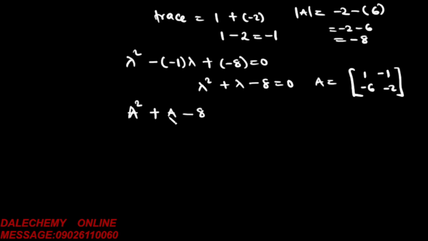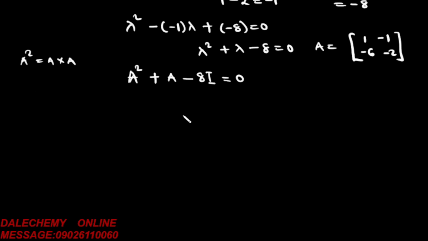Now since A is a matrix, A squared will be A times A, and when we multiply two matrices we still get a matrix. So this is a matrix, this is a matrix, and we need to express this 8 in the form of another matrix. Normally 8 will be 8 times 1. So in matrix form, it will be 8 times I, the identity matrix. It's like the 1.